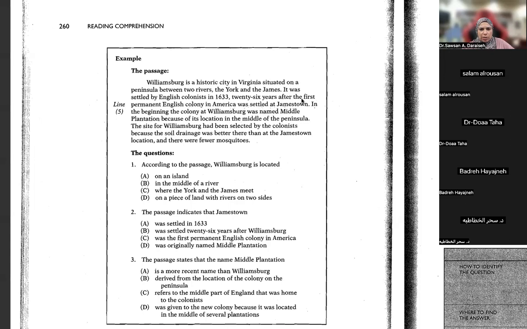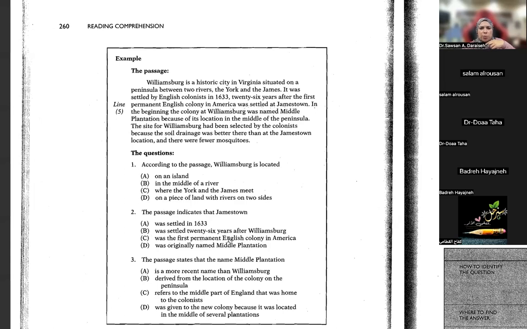Jamestown was first established. Okay. Anyway, the passage indicates that Jamestown was settled 26 years after Williamsburg. Jamestown was after Williamsburg? No, we said before, no. Williamsburg was established after, not the other way around.